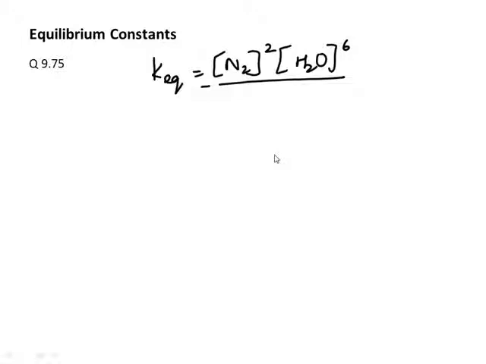Equilibrium constants, question number 75. Write a balanced equation given the K equilibrium constant equation. So the equilibrium constant equation given in this problem is K equilibrium is equal to N2 concentration squared, H2O raised to 6, divided by ammonia concentration raised to 4, times oxygen concentration raised to 3.